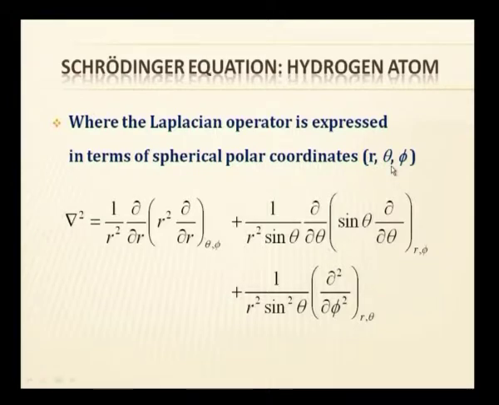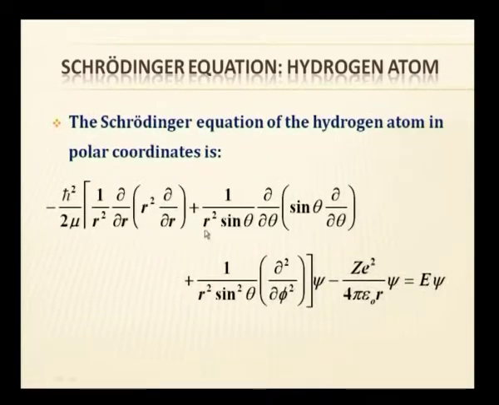So, del square in terms of r, theta and phi will become equal to 1 by r square dou by dou r of r square into dou by dou r, plus 1 by r square sin theta into dou by dou theta of sin theta dou by dou theta, plus 1 by r square sin square theta into dou square by dou phi square. That is the expression for del square, the Laplacian operator that operates upon the wave function psi.